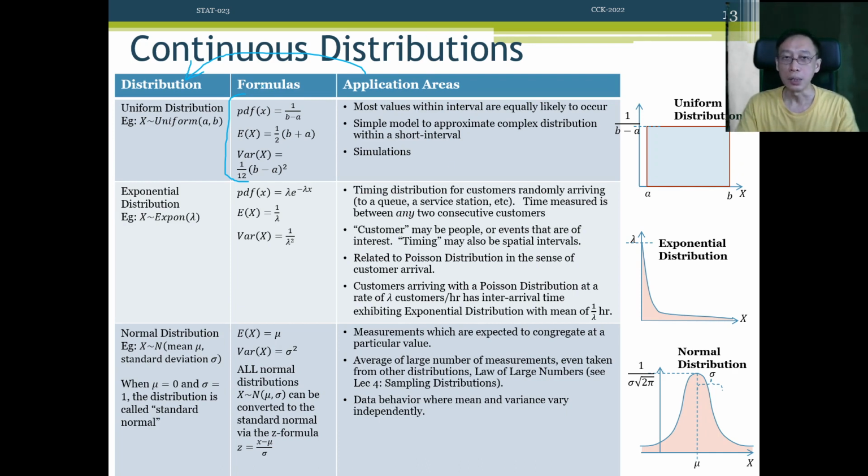All right, so let's begin with the uniform distribution. Most values within the range are equally likely to occur, so we'll use words like equally likely. For example, in a question, one might say, John estimates that the time of travel from his home to office will be equally likely from 25 minutes to 45 minutes.